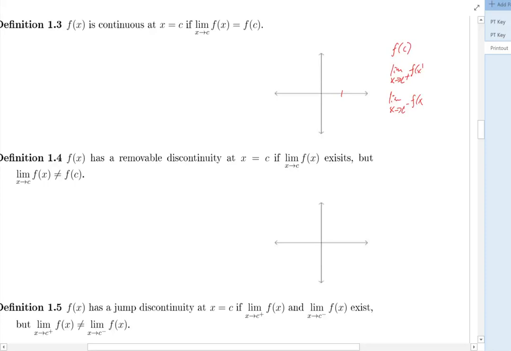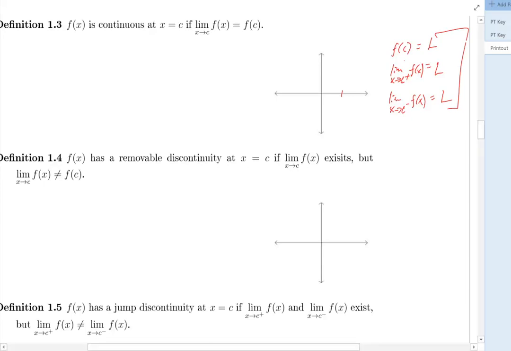And what I taught you last year is if all three of these equal the same number, we'll just call it L, then you've got a continuous function at that point. Okay? So do you remember me explaining it that way at any point? Yeah. So that's to me the basic way: if you know these three pieces of information, you know the continuity. So that's the way I described it.